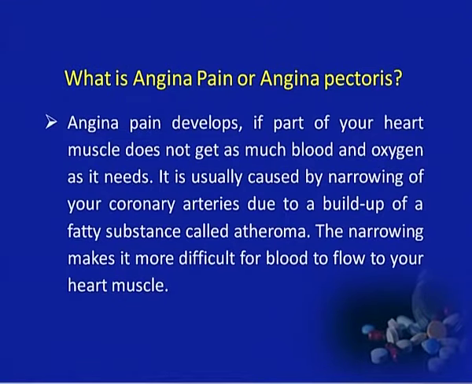Angina pain develops if part of your heart muscle does not get as much blood and oxygen as it needs. It is usually caused by narrowing of your coronary arteries due to a build-up of a fatty substance called atheroma. The narrowing makes it more difficult for blood to flow to your heart muscle.